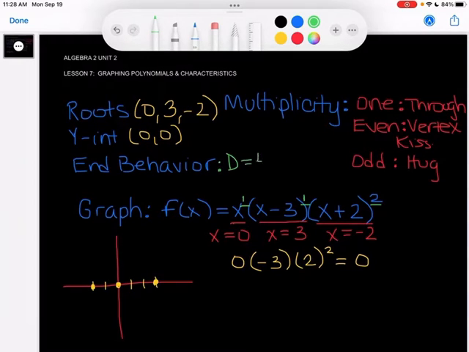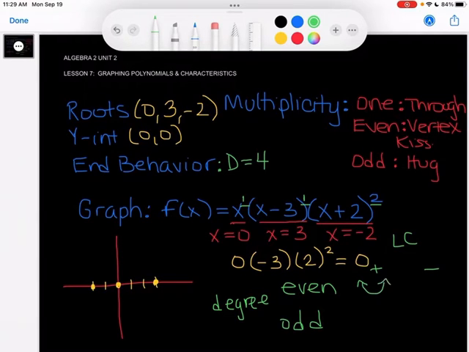We need to know the leading coefficient, and whether it's an even degree or odd degree. You either have a positive leading coefficient or a negative leading coefficient. If it's an even degree, your arms are either both going up or both going down. If the leading coefficient is positive, they're both going up. If the leading coefficient is negative, they're both going down.